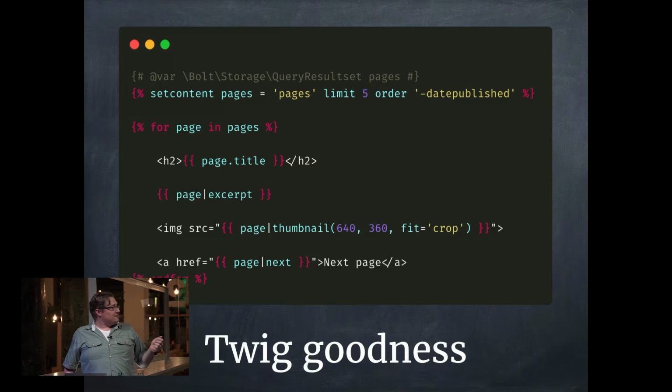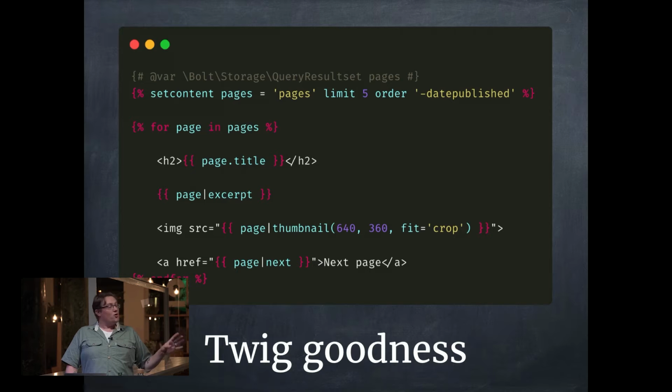The last Twig tidbit I wanted to show you is some of the other nice additions that we've made. You can use this set content tag to query the contents of a site using a straightforward syntax. Then you can use the for tag to iterate over this array and just output them one by one, for example using the page.title. And below that you see a few new additions that we've made, the so-called extras or magic attributes.